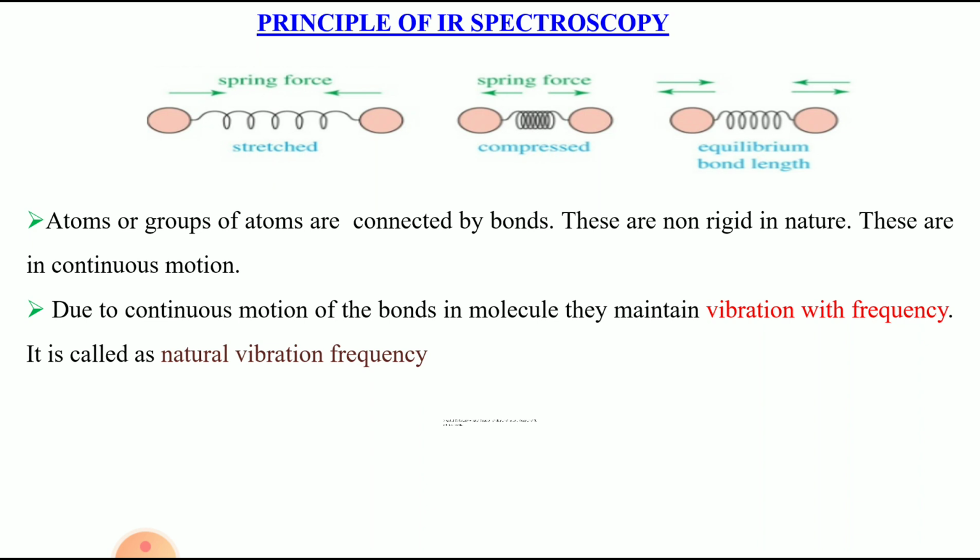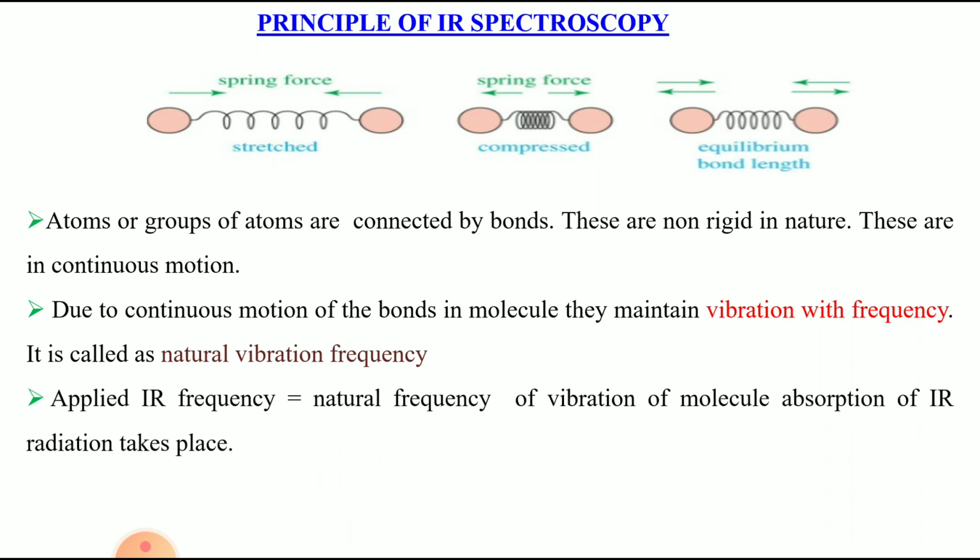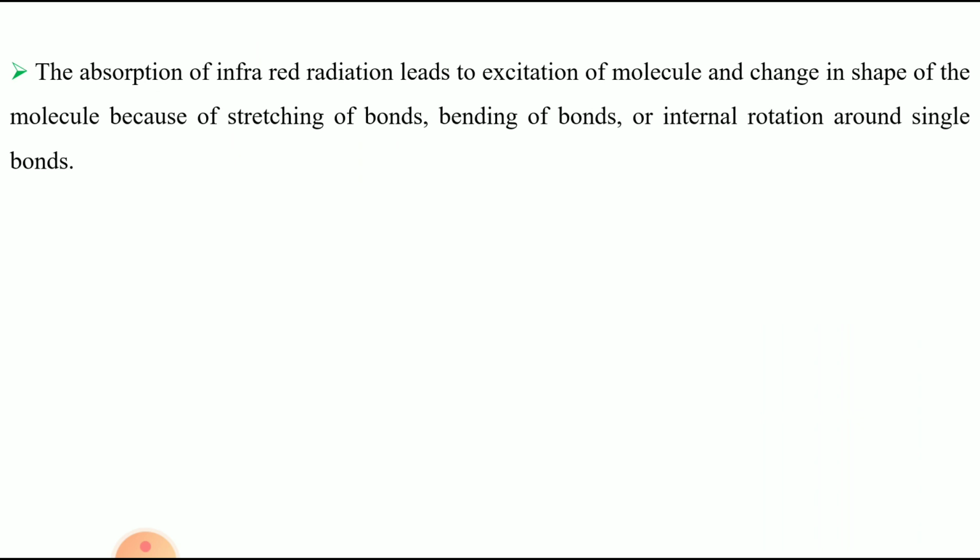So when we expose that molecule or bond to IR radiation, and the applied IR radiation is equal to the natural vibrational frequency of the bonds or molecule, the bonds absorb the radiation, and there is a change in the shape of the molecule due to the change in bond length and bond angle and internal rotation around a single bond.